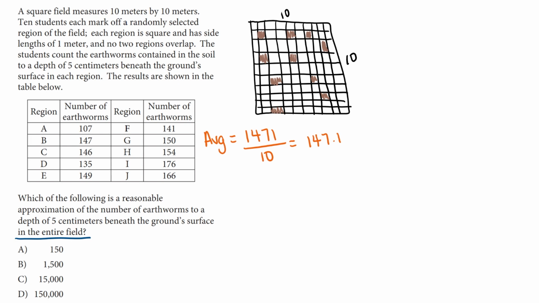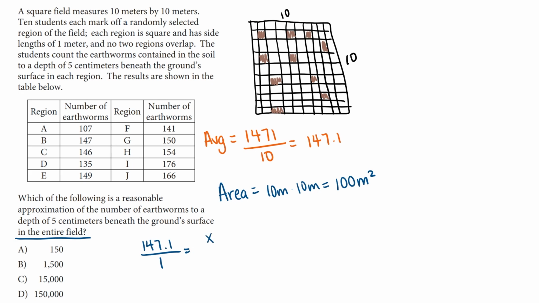So now let's consider the total area. The total area of our field is going to be 10 meters times 10 meters, or 100 meters squared. Now to find our approximation across the entire field, we know that there's 147.1 earthworms per 1 meter squared.